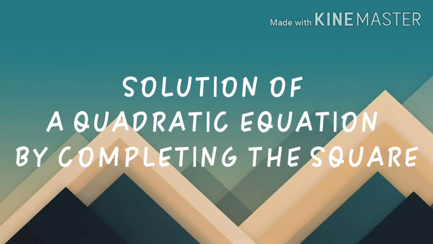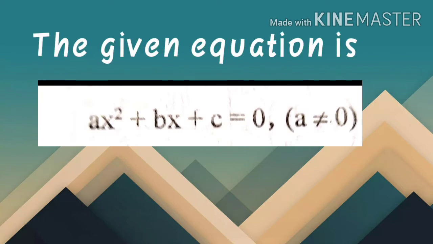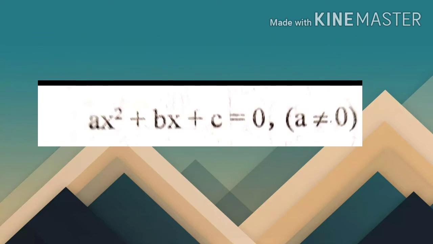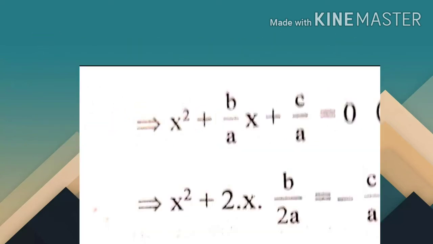Now we will discuss different methods of solution of a quadratic equation. First we will discuss the solution of a quadratic equation by completing the squares. We consider the given quadratic equation ax² + bx + c = 0. Dividing both sides by a, we have x² + (b/a)x + c/a = 0.